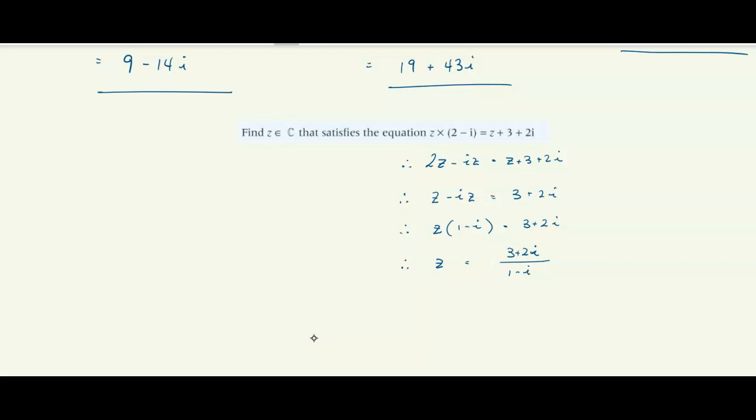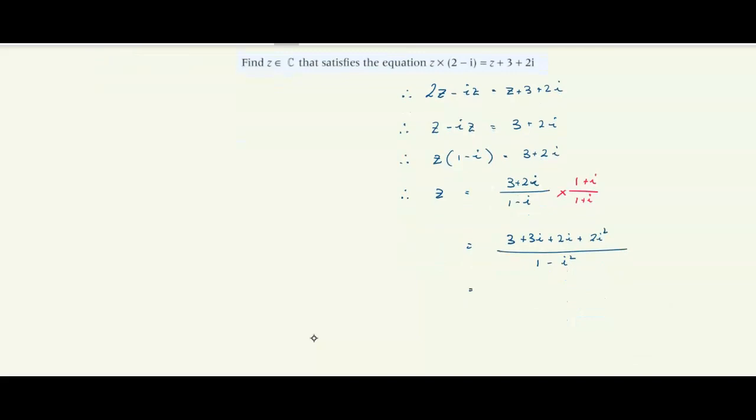So just as I would if I was faced with an irrational denominator, I've now got a complex denominator here that I would like to make real. So I multiply by the conjugate of my denominator, which is 1 plus i. In doing so, we get 3 plus 3i plus 2i plus 2i squared in my numerator, and underneath I'm going to have 1 minus i squared.